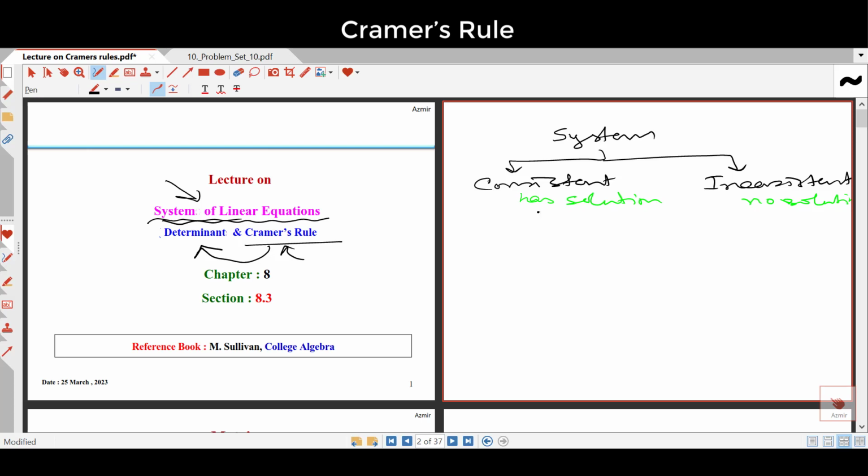A consistent system, since it has solution, can be classified into two parts: the system may have one or unique solution, or the system may have many solutions.